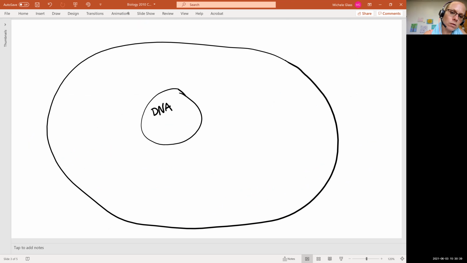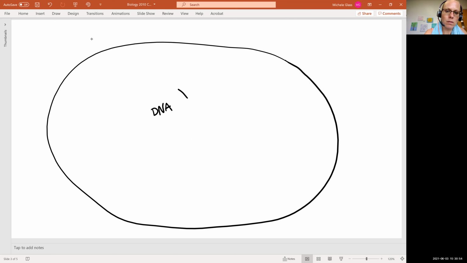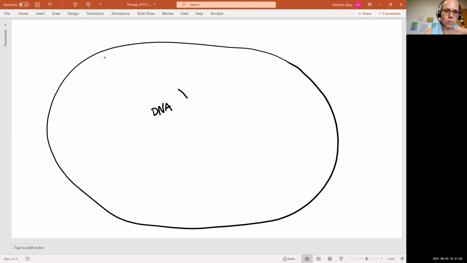Now, if you want to, the nucleus has a nuclear envelope, which then, let me see, has little holes in it.